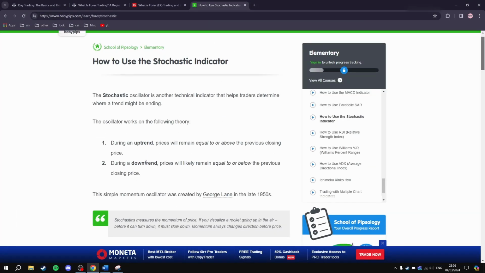The oscillator works on the following theory. During an uptrend, prices remain equal to or above the previous closing price. During a downtrend, prices will likely remain equal to or below the previous closing price.